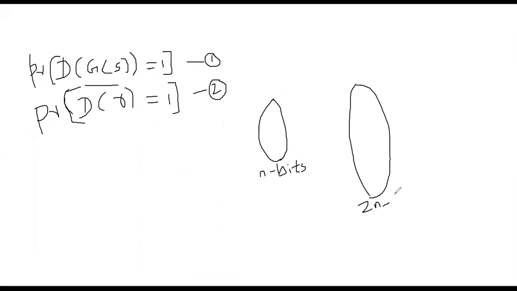It is possible that we randomly pick a 2n-bit number somewhere here. Let's say I picked this number. It could be possible that this number can also be mapped by G, meaning there exists a seed that maps it.